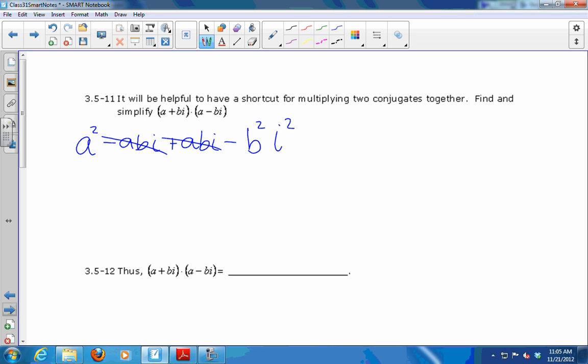And then I can replace the i squared with a negative 1, a squared minus b squared times negative 1. So what would my final formula be? The last step here. a squared plus b squared. So it's just a little shortcut. You can use it or not, because you can always just multiply the two together. You don't have to memorize it, but it can come in handy to have the formula.